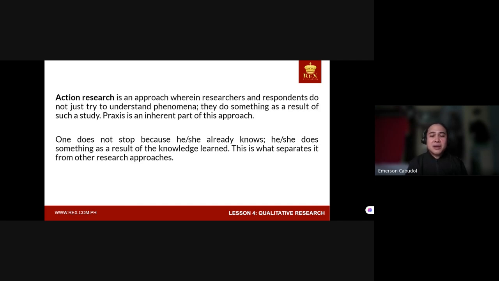This involves a collaborative process where researchers and participants work together to identify a problem, implement a solution, and evaluate its effectiveness. The key difference from other research approaches is the emphasis on praxis, the cyclical process of reflection, action, and evaluation.